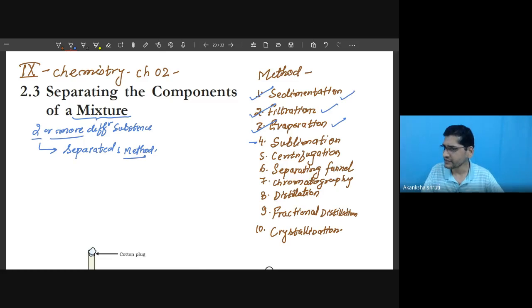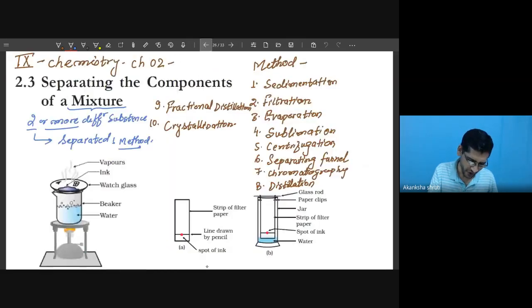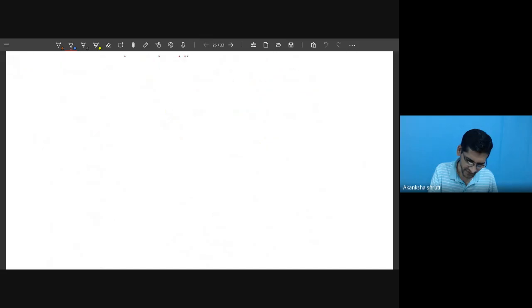What is sublimation? Sublimation is useful for which kind of mixture? Then centrifugation, then separating funnel, then chromatography, then distillation, then fractional distillation, and lastly crystallization. Students, we have already listed the various methods, and which kind of mixture each is useful for, in the previous class.